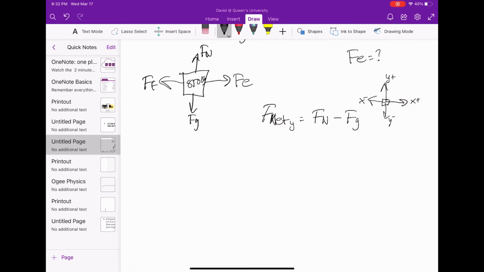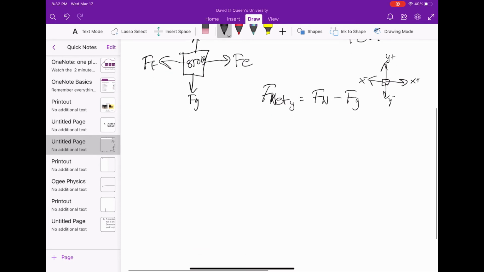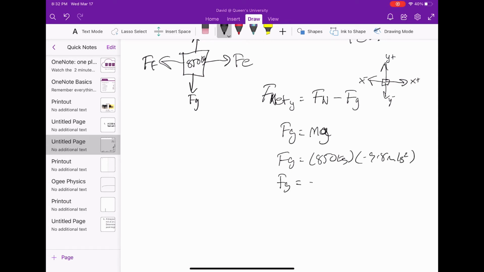So our FG, we know how to solve that already. FG equals MA or MG, since your acceleration due to gravity is 9.8. So our FG equals 850 kilograms times negative 9.8 meters per second squared, and that gives the gravitational force of negative 8,330 newtons.